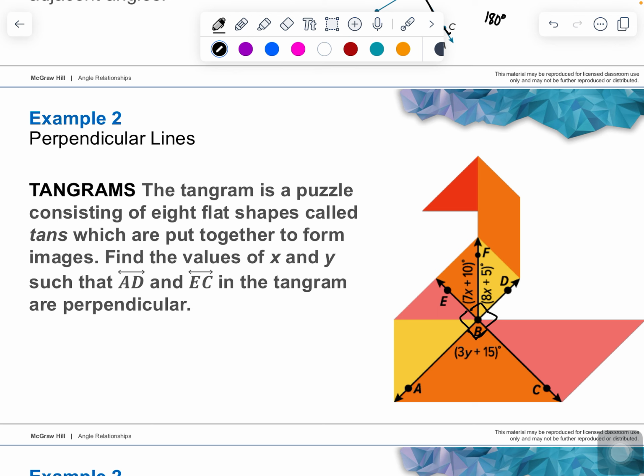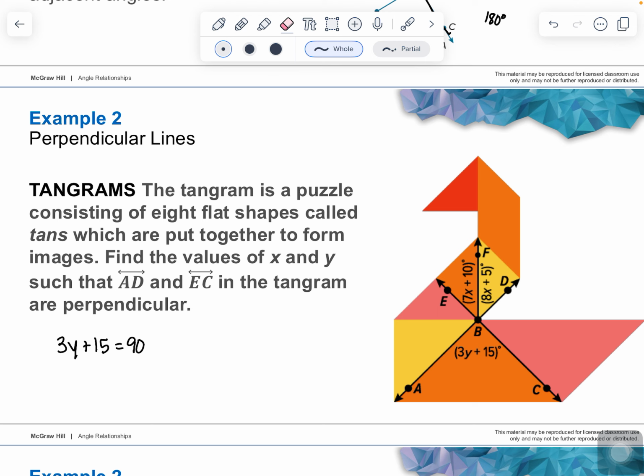So where would be our easiest thing to solve, right? Probably starting down here is where we see. Could probably set that 3y plus 15 equals 90. We could solve that pretty easy. But what else could we do then?